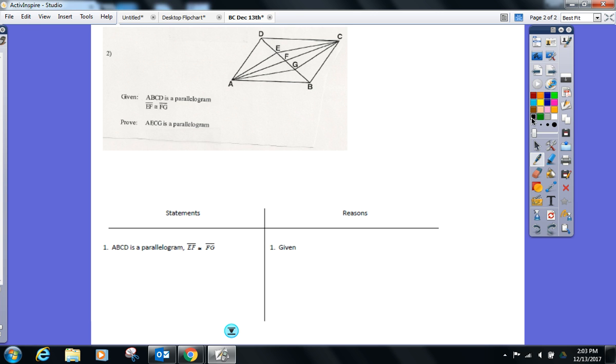Okay, here we go with this last one. This last one is not a long one, but I want to make sure we got the correct wording in the statements. So take a quick look. You got a parallelogram, and you're proving another parallelogram.